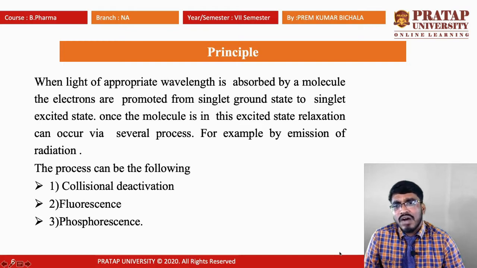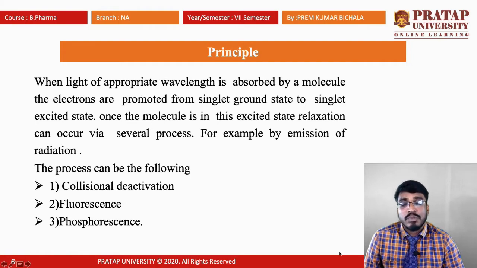When light of appropriate wavelength is absorbed by a molecule, the electrons are promoted from the singlet ground state to the singlet excited state. That means paired state to unpaired state. Once the molecule is in this excited state, relaxation can occur via several processes.